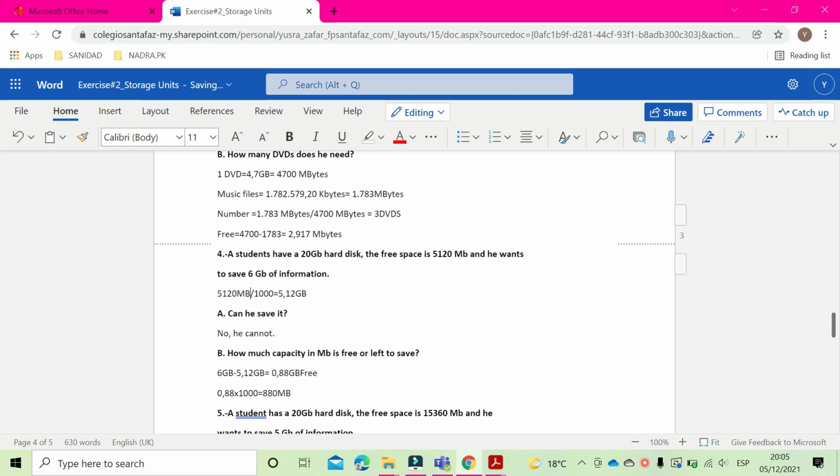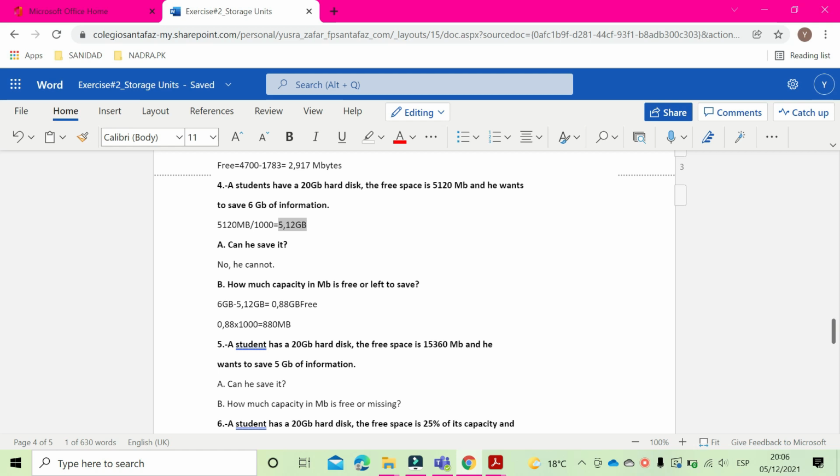So we are going to divide 5120 by 1000, which is equal to 5.12 gigabytes. Then can they save it? No, he can't, because they need more space to save it.